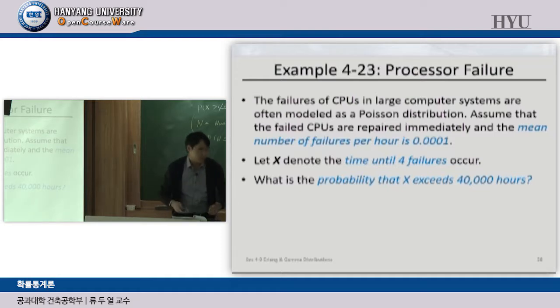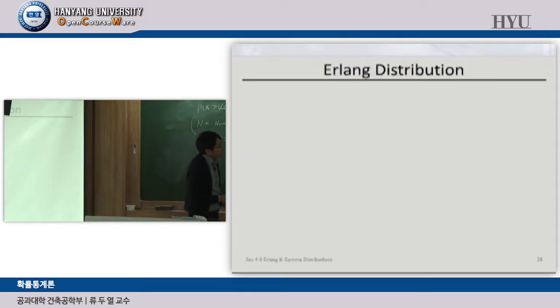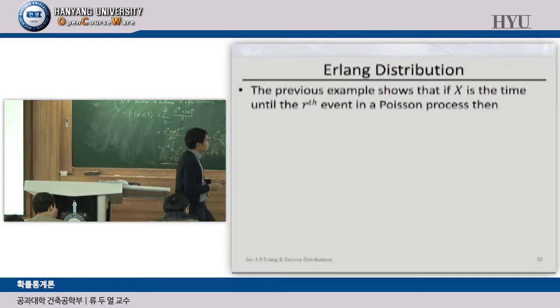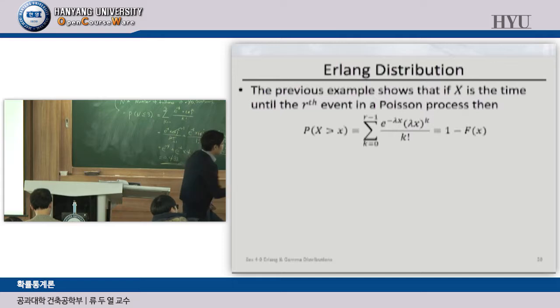So this is about the Erlang distribution. The definition of the Erlang distribution is that the previous example showed that if X is the time until the rth event in a Poisson process, then the probability of X when X is larger than small x should be equal to the summation of k from 0 to r minus 1 of exponential minus lambda x, times lambda x to the kth power, over k factorial.